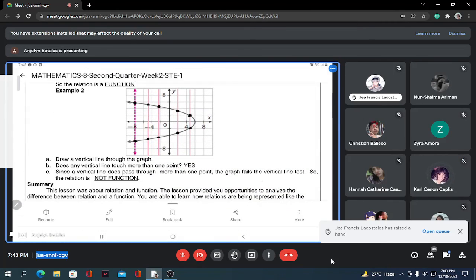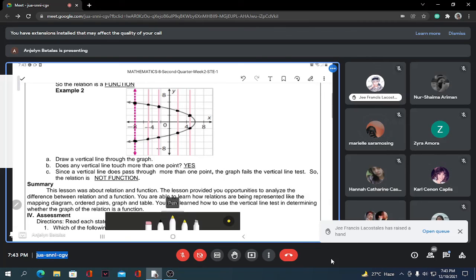Kung kini siya class, kini nga example, nag-vertical line siya, no? So, duha. Diba? Anong identify ni siya? This is -8, -6.